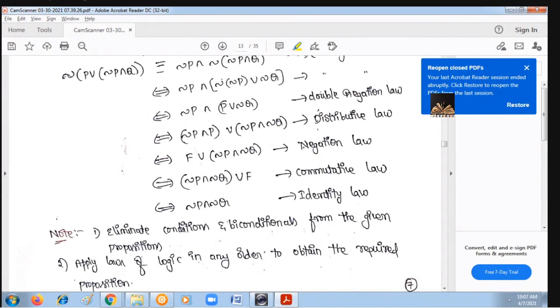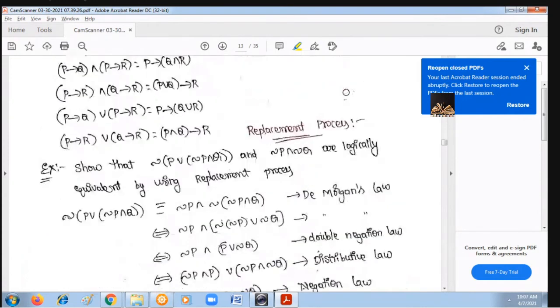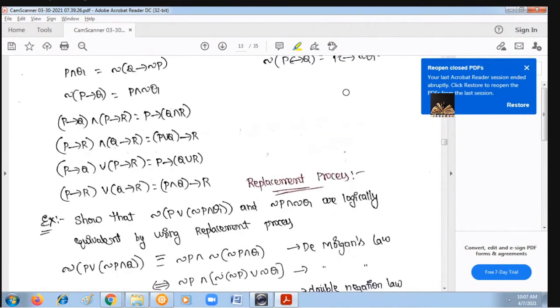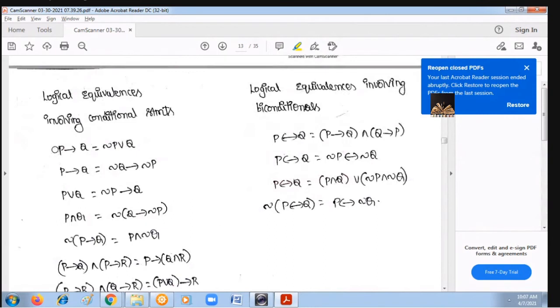So remember, when you are using this replacement process, actually there is no particular sequence to be followed. But what we will do is, first in the given compound proposition, if you find any conditional or biconditional statement, we will try to remove them using these two equivalences. If you have a conditional statement, by using this first formula, you can remove it.